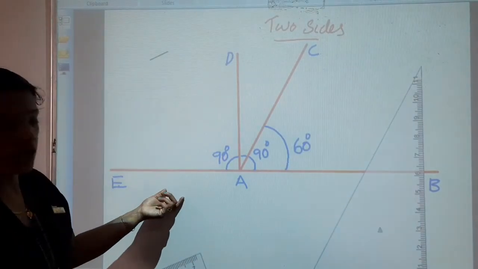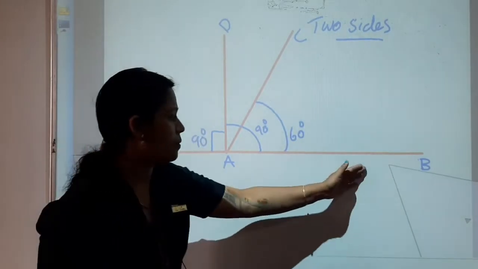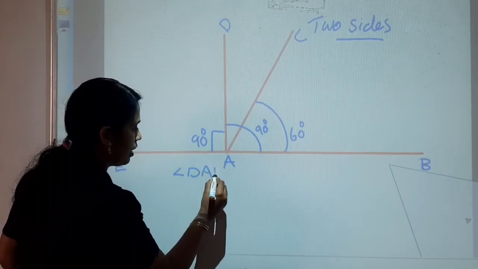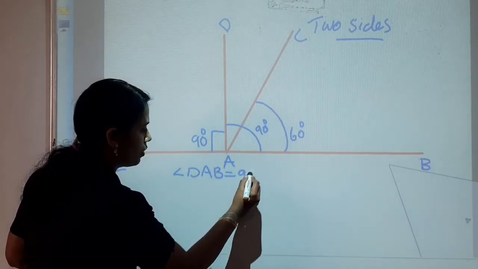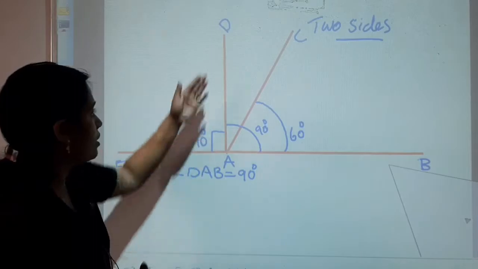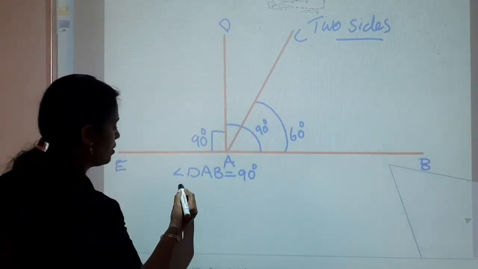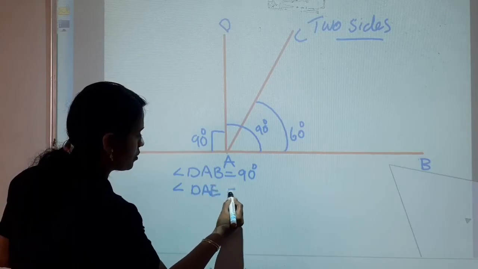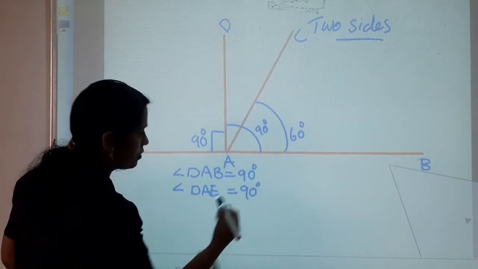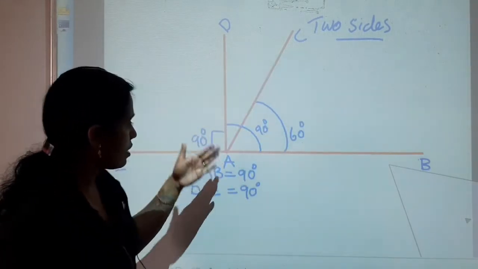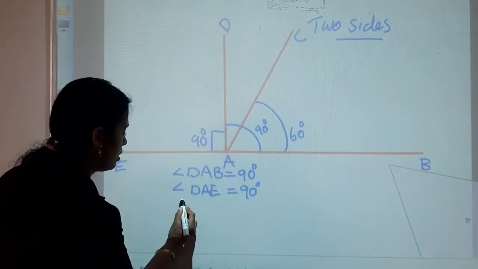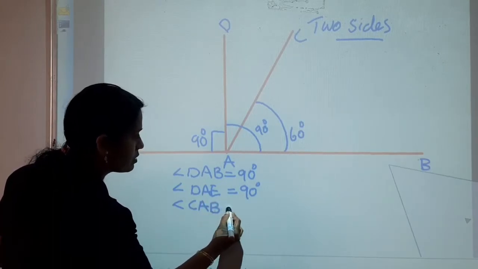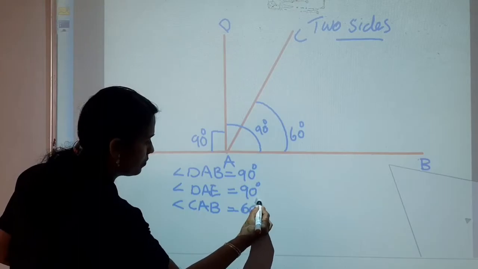Okay, so here angle DAB is equal to 90 degree. Angle DAE is equal to 90 degree. Angle CAB is equal to 60 degree.